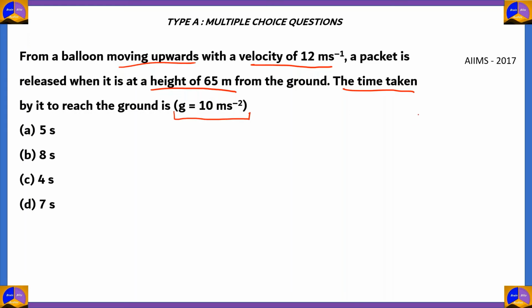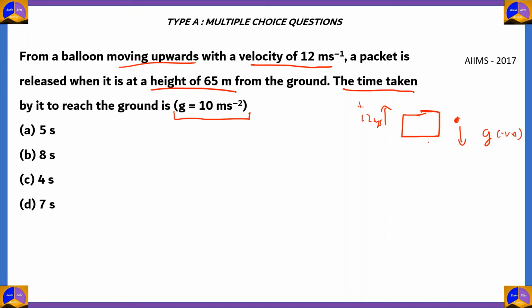So suppose this is a balloon and we're dropping an object from the balloon. So this will have an acceleration g. However, in this question, we're taking the velocity of the balloon, which is u, that is 12 meters per second, as positive. So when upwards is taken as positive, downwards will be taken as negative.